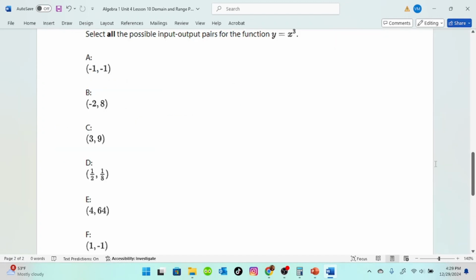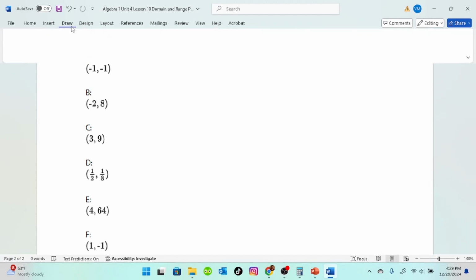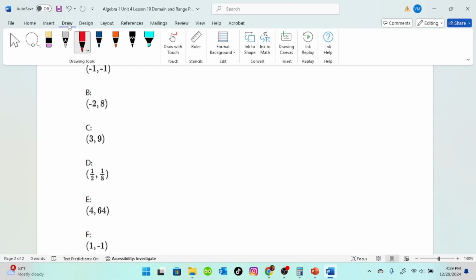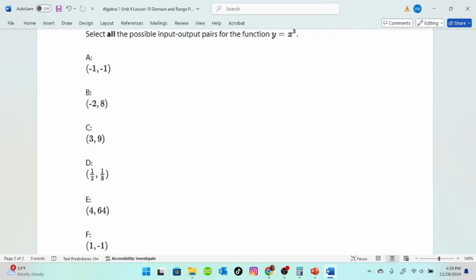Our next practice problem says select all the possible input-output pairs for the function y equals x to the third power, or x cubed. Couple of things to make sure we understand before we start trying to solve this. Remember that a point pair is written with x first and y second.